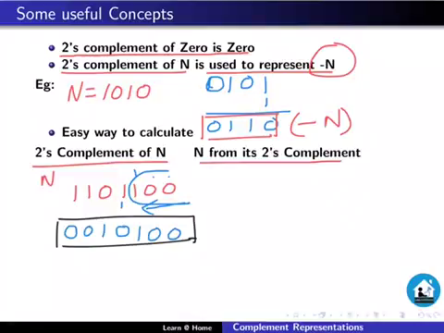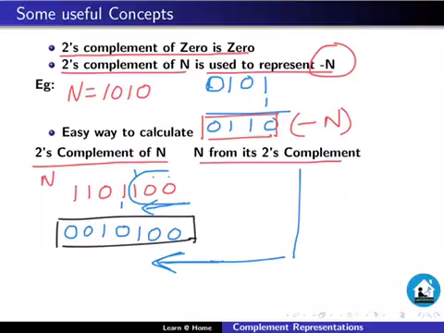And finding the reverse case, that is finding n from its 2's complement, can also follow the same procedure. For finding n from the 2's complement, you need to scan in this direction until you find a 1.